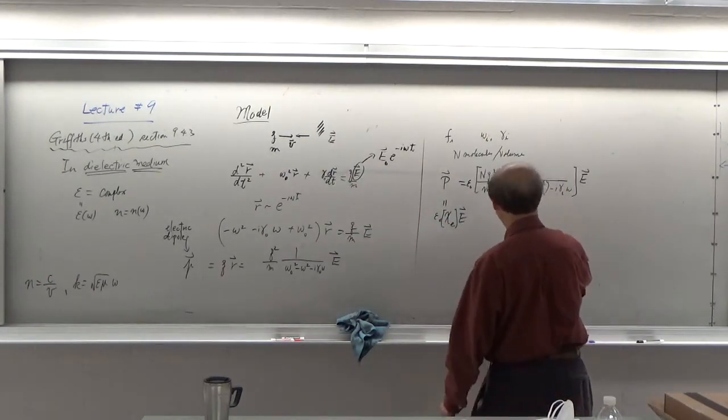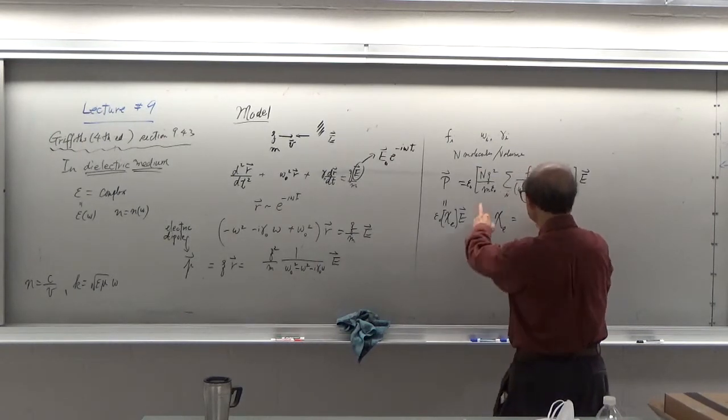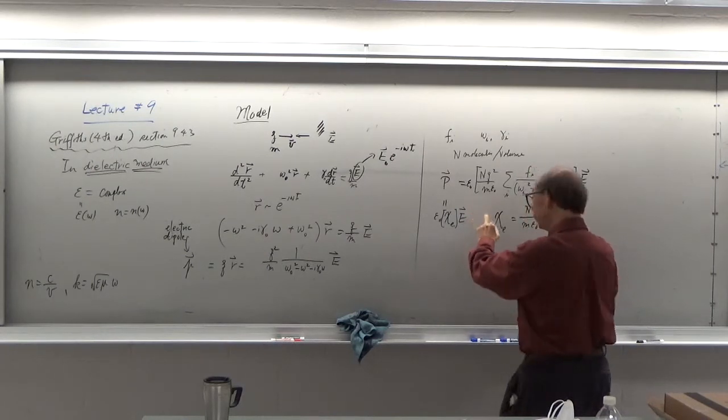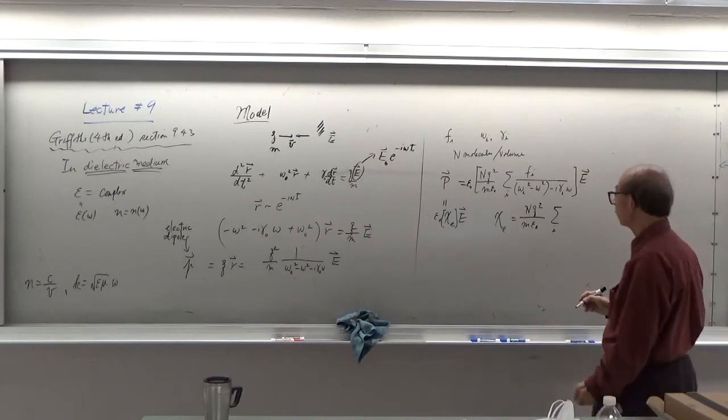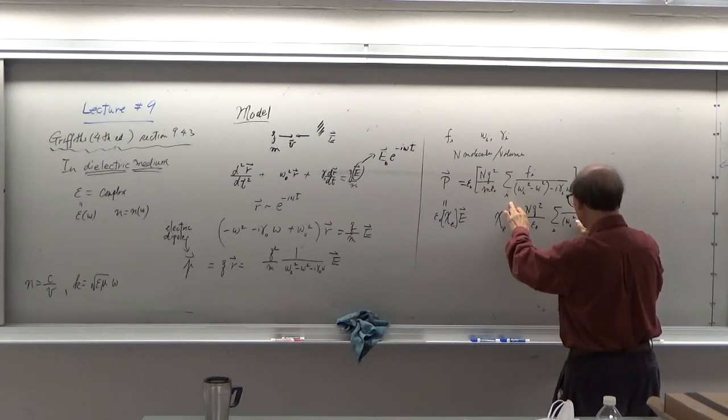So let me copy that down. So chi E is equal to N q squared over m epsilon naught, summing over those different types of electrons inside a molecule. There are Fi of them, over omega I squared minus omega squared minus i gamma I omega.